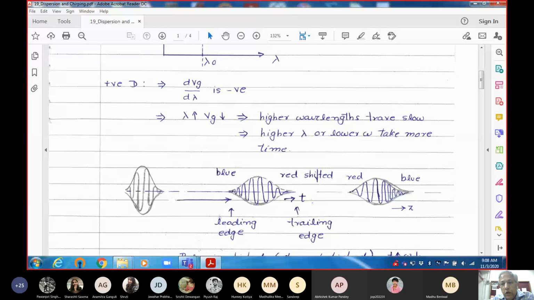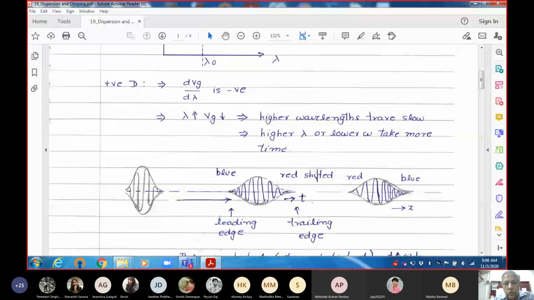But remember, if I would have plotted as a function of z, then the pulse envelope and the instantaneous frequency would look like this. Anyway, we generally discuss in terms of the time coordinate. So this is the trailing edge, and this is the leading edge. Some people say front end and back end.